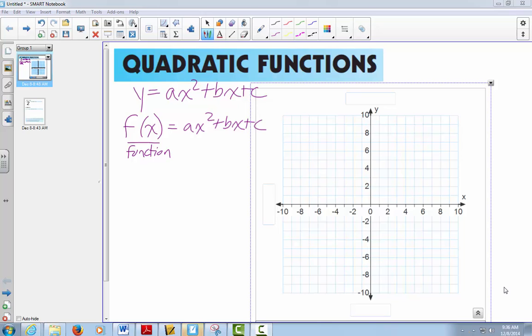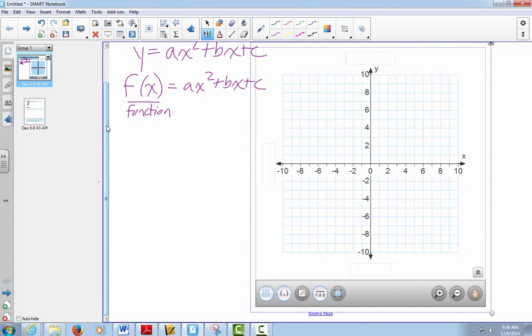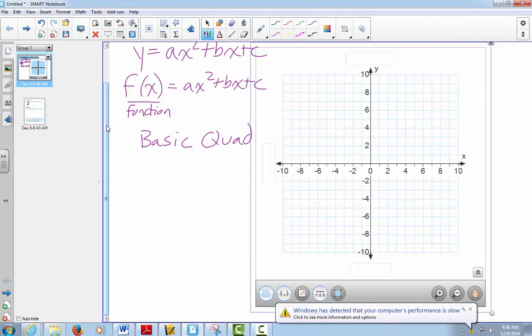Now, minor details. As we move in, we're going to start talking about the very basic quadratic, and that is y equals x squared.